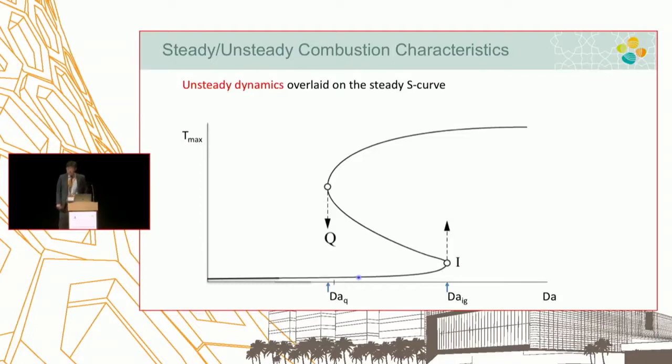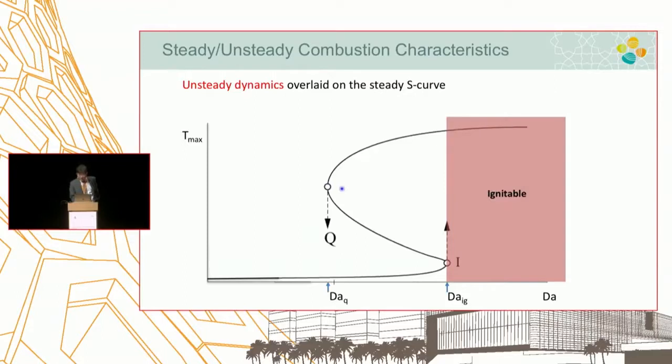So in order for the system to be ignitable, I'll have to push the system beyond this ignition turning point. Likewise, if I'm here, I have already fully established a flame. It's a steady flame solution. I am never going to be able to extinguish it until my extinction Damkohler number is reached and further below.